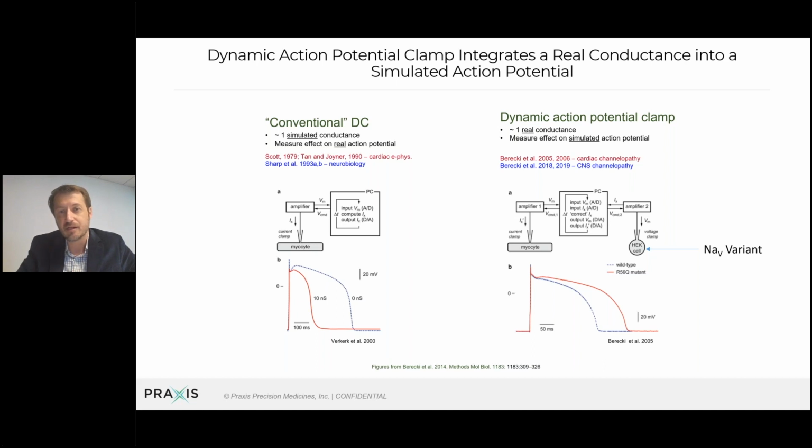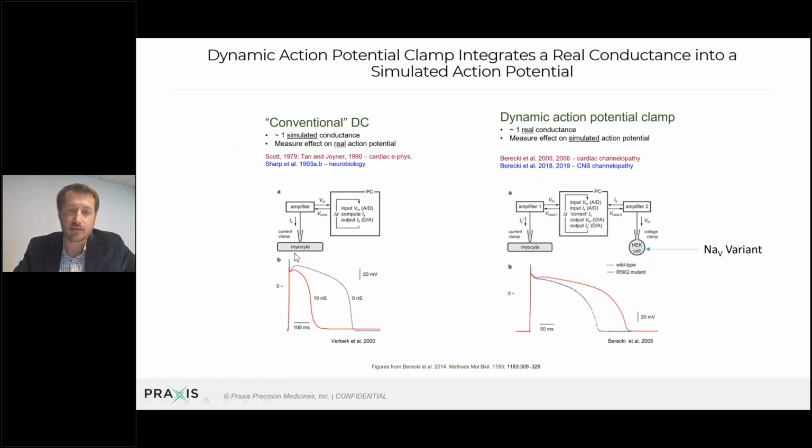So to get there, this is really an enhancement of conventional dynamic clamp. In conventional dynamic clamp, which is available in some automated instruments for cardiomyocyte applications, you would model one conductance. You'd simulate one conductance, then feed that conductance into a real cell, in air quotes.